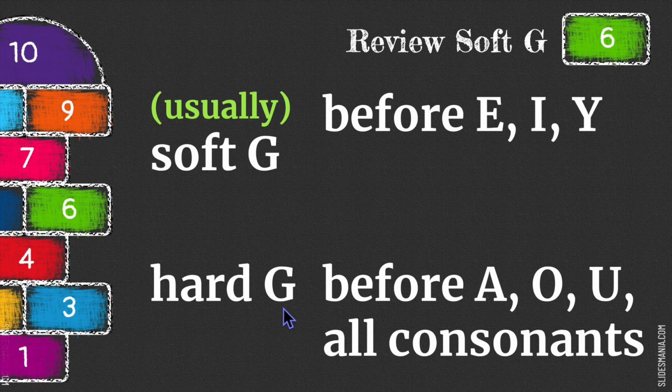So again, if you have a C followed by an E, I, or a Y, it has to use the soft sound of S. But if it's a G before an E, I, or a Y, it will usually use the soft sound of J, but it does not have to.